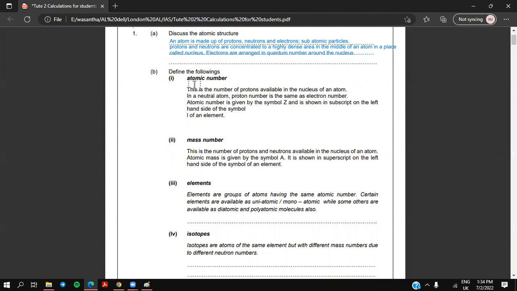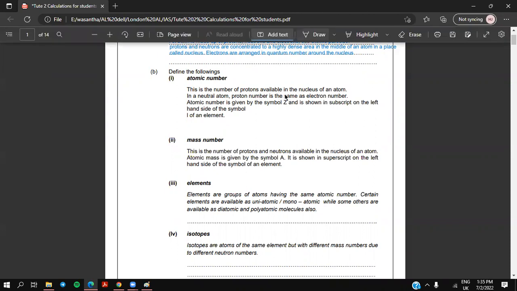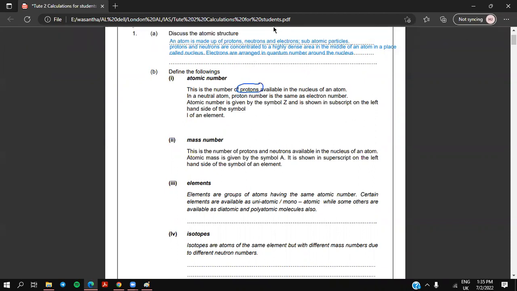First one, atomic number. Remember the meaning of atomic number. Atomic number. This is a number of protons available in the nucleus of an atom.